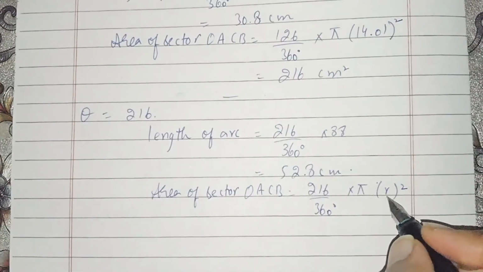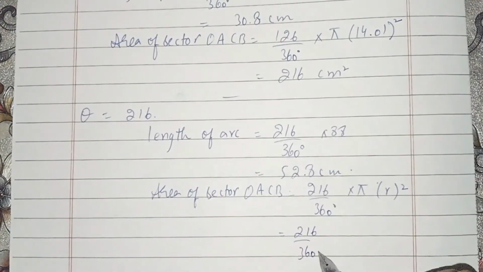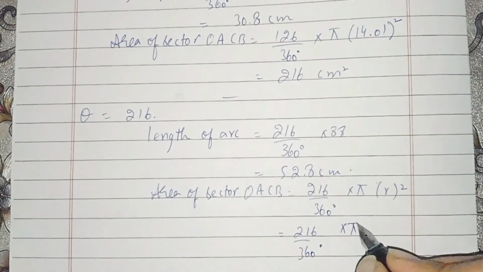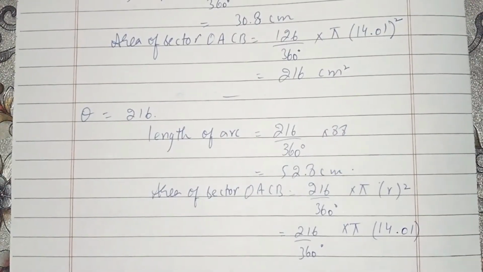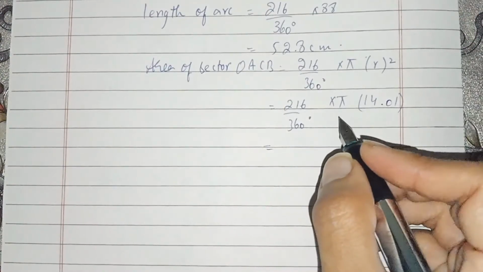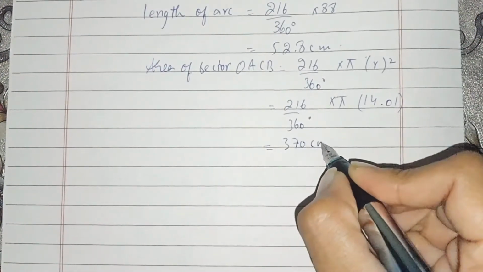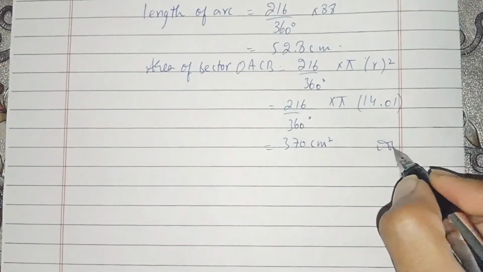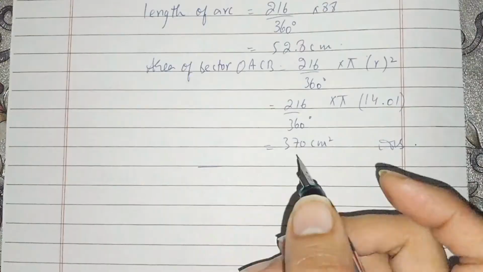We already found r before the start of the questions, and by solving it we get the answer 370 centimeter squares. And now students, question number 3 is solved.